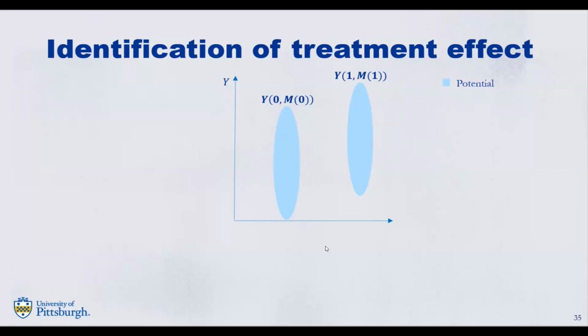The average of Y0M0 over all the individuals is at this level, as represented by this blue dot. And the average of Y1M1 over all of the individuals is at this level, as represented by this blue dot. By taking the difference between the two true averages, we define the average causal effect of LFA on depression.